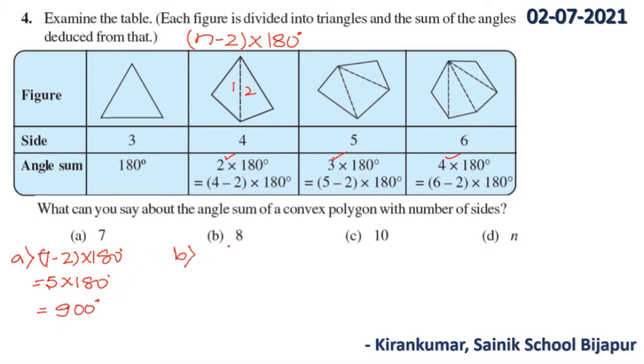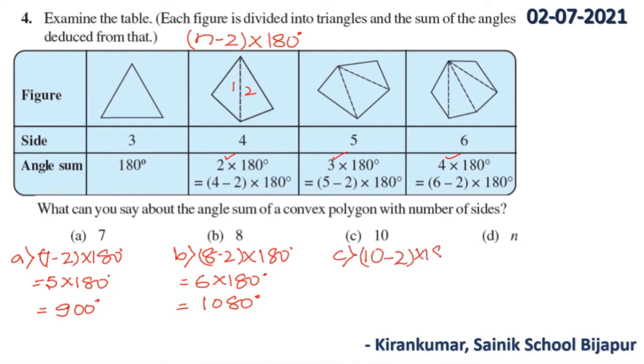If the number of sides is 8, it is 8 minus 2 times 180 degrees. So it is 6 times 180 degrees, nothing but 1080 degrees. If the number of sides is 10, the sum of interior angles is 10 minus 2 times 180 degrees, which is 8 times 180 degrees. 8 times 18 is 144.